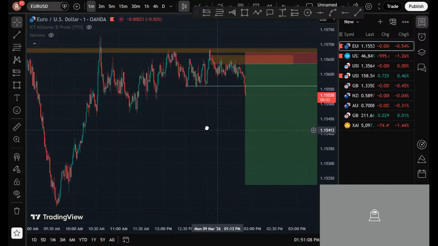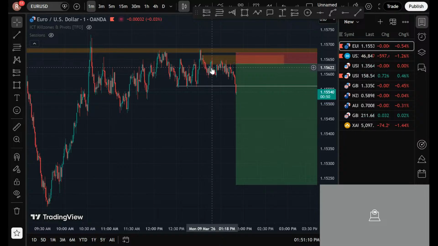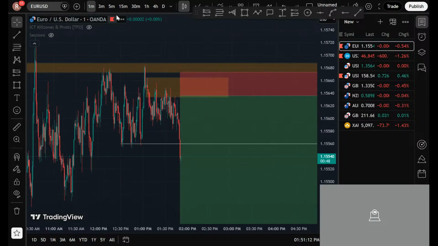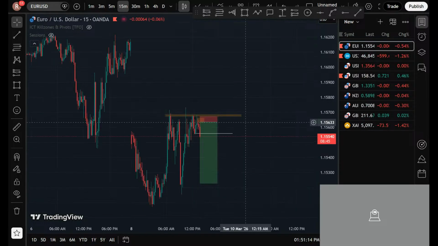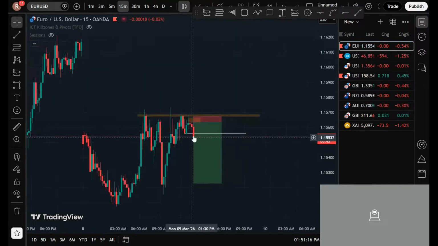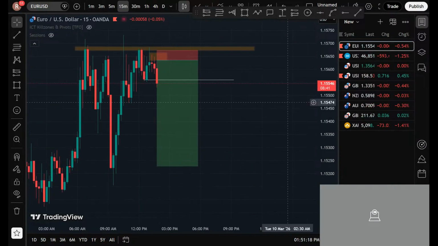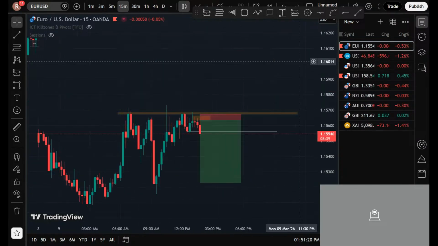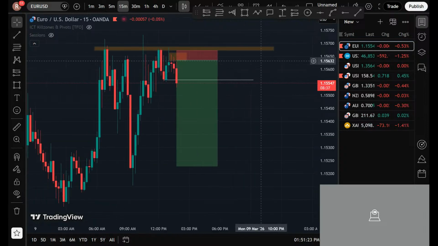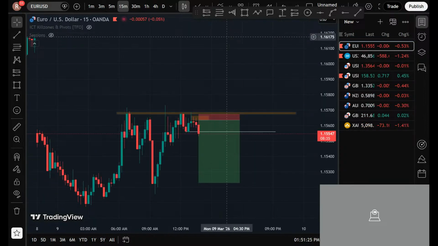And it just dropped. This is already my break-even area, so now I can't take any trades from here. So I just missed this trade, guys. Just missed this trade.